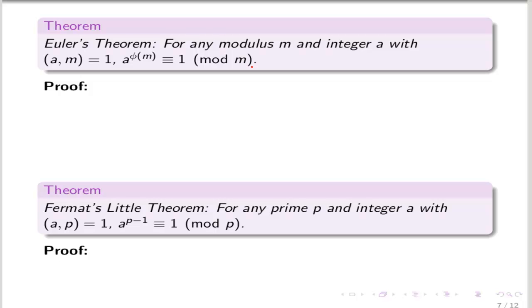So all we do is we think of working in the ring Zm, and I'll let a bar be an element of Zm, and since a is relatively prime to m, a bar will be a unit. So I could have said a bar is just an element of the group of units.